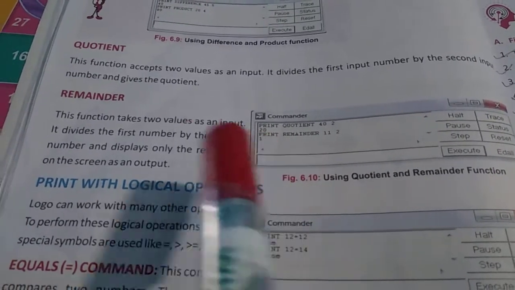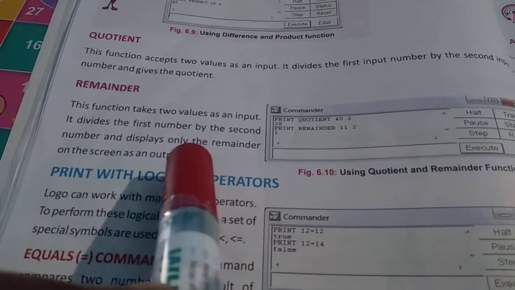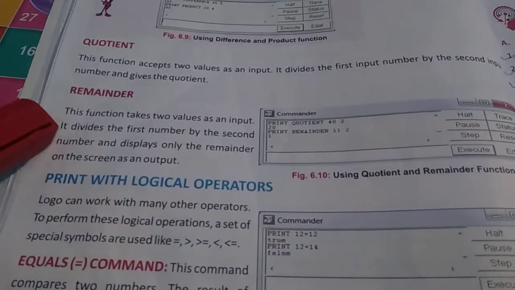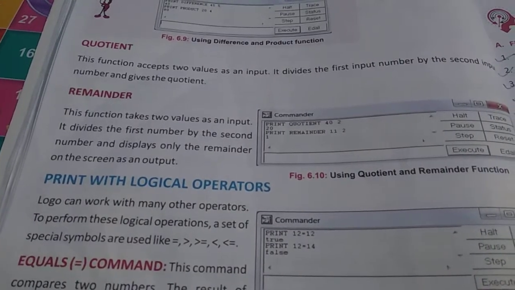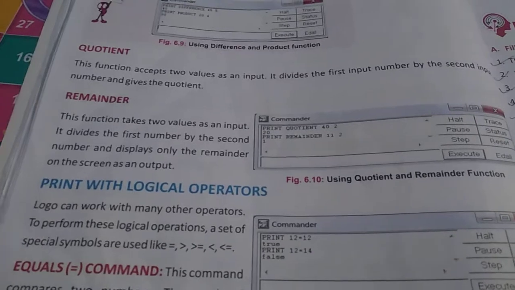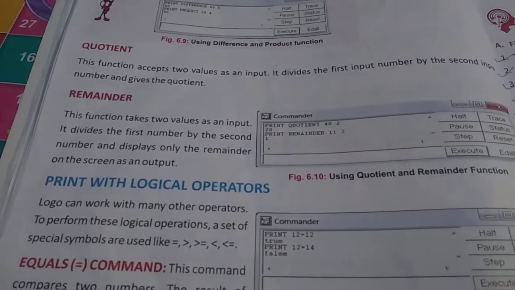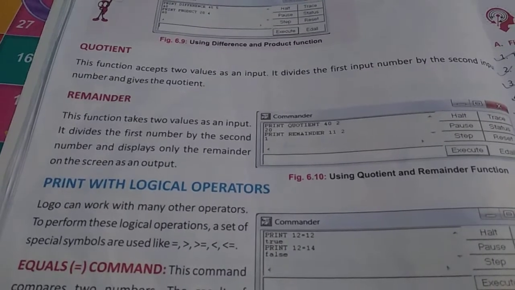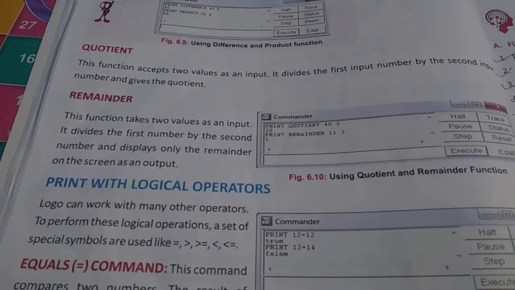Next is the remainder. This function is the same as quotient. The remainder also takes two values: one will be the greater number and the other the small number which will divide that greater number. It divides the first number by the second number and displays only the remainder on the screen as output.